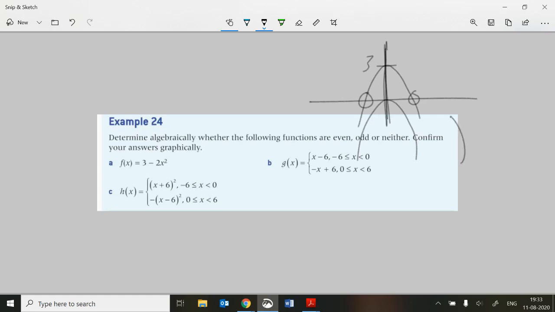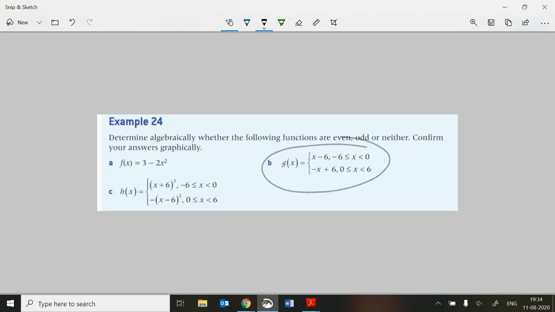So you can say to the examiner, once you've made your nice sketch, saying where all the intercepts are, that your line of symmetry is going to be equal to x equals 0, in which case it's an even function. By the way, that's me writing a line of symmetry there. In an exam, write it out properly, because the examiner is not necessarily going to know what you're talking about there.